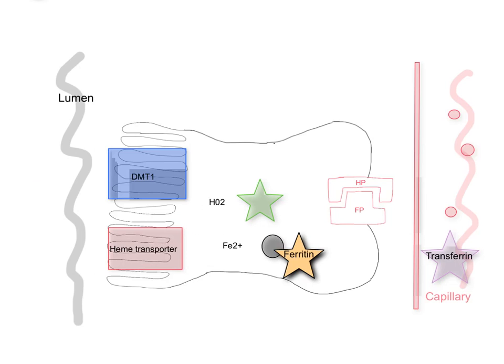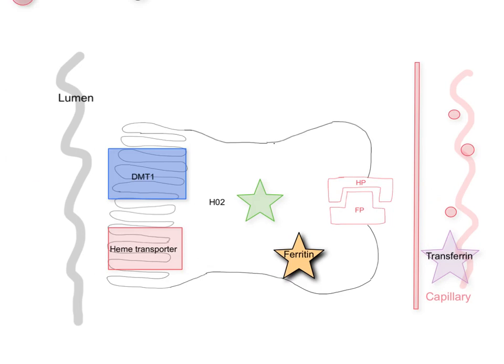From here it can either be stored with ferritin to prevent it from building up in the cell and causing damage, or it can be directly ferried out of the cell through the use of an enzyme called ferroportin, which has an associated enzyme, hephaestin. Hephaestin allows the iron 2 to be transformed into iron 3 so that it can be transported into the blood and bind to transferrin so that it can be transported around the body.